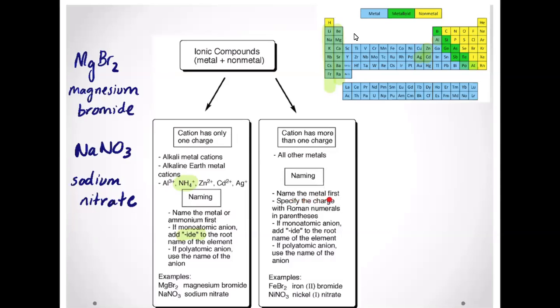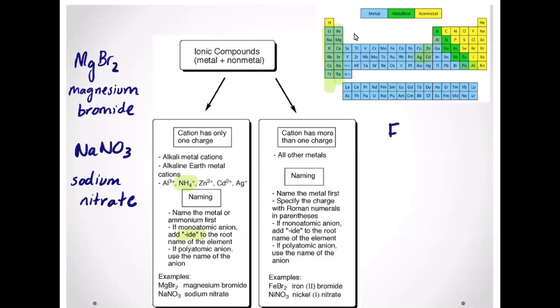You name your metal first, just like before, but you use a Roman numeral to specify the charge. The charge you have to figure out based upon your anion. So you always, let me repeat that, you always have to know the charge of your anion, by using your periodic table or knowing your polyatomic ions.